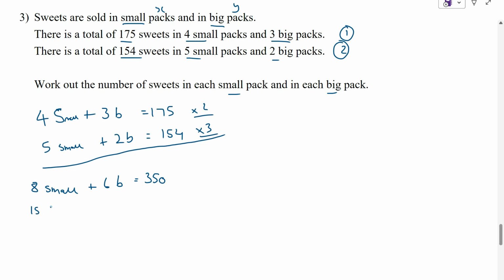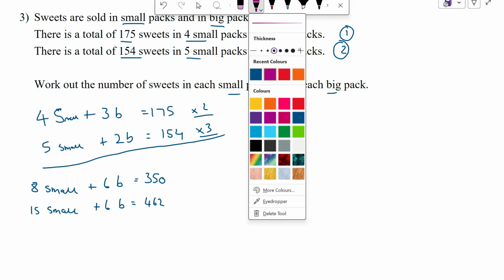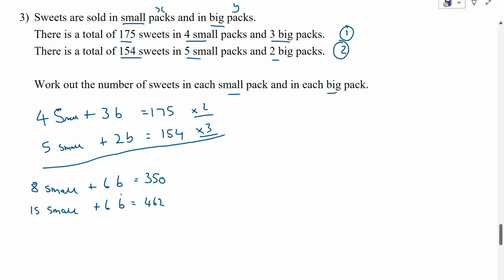Bottom one, 15 small plus 6 big equals 462. Okay, so now let's go ahead and cancel these b's out. Plus and a plus, we minus. So we minus here, minus here. 8 minus 15 gives us minus 7 small.